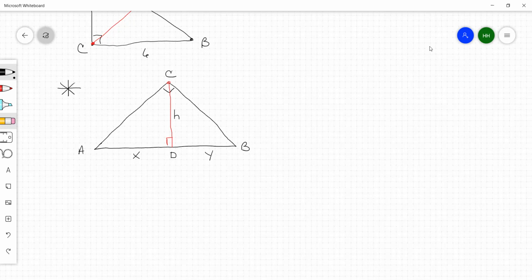So here's what's true about the length of this altitude. The rule says the length of the altitude is the geometric mean between the lengths of the 2 segments.